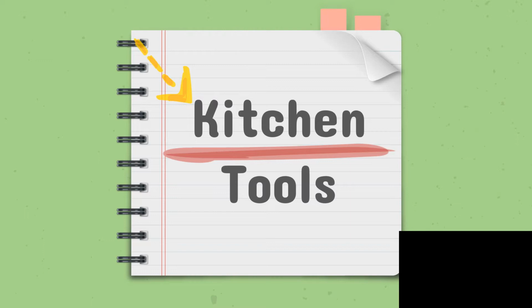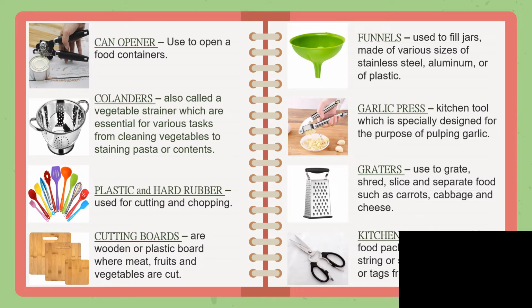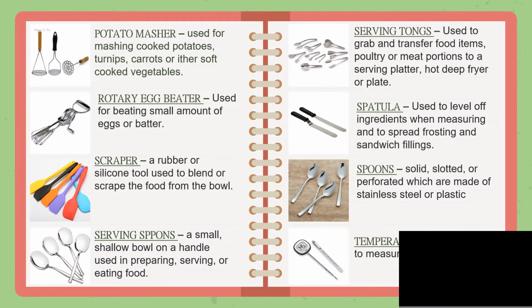So, here is the list of the kitchen tools: can opener, colanders, plastic and hard rubber cutting boards, funnels, garlic press, grater, kitchen shears, potato masher, rotary beater, scraper, serving spoon, serving tongs, spatula, spoons, and temperature scales.